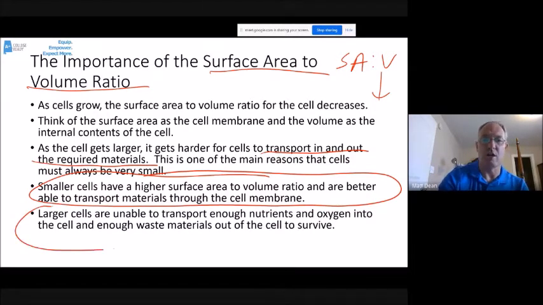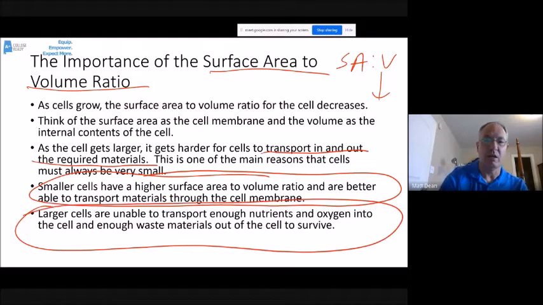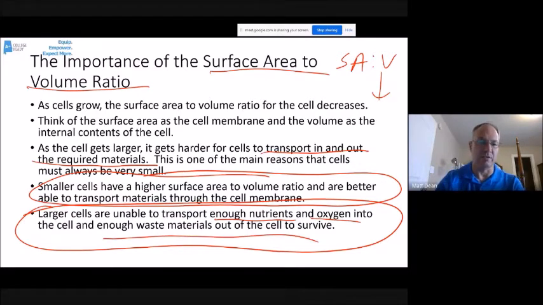Larger cells are not as good at transporting and have a hard time getting in enough nutrients, getting in enough oxygen, and getting rid of their waste. So that's one of the main reasons that large organisms like ourselves are made of trillions of tiny cells instead of just a few really big cells.